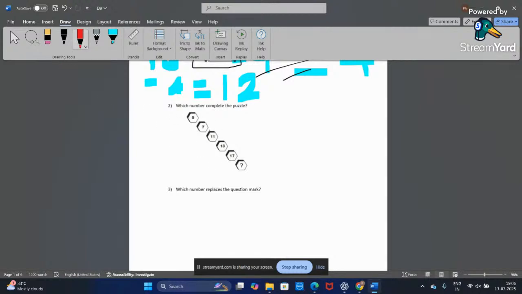See here, it is 5, 7, 11, 13, 17. These are increasing numbers. Are these the odd numbers? Here 9 is missing, so this is not the odd number sequence.